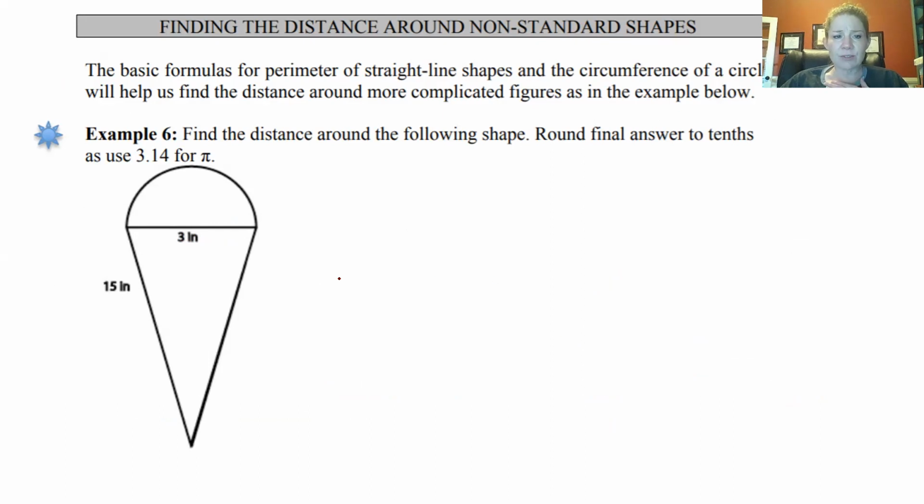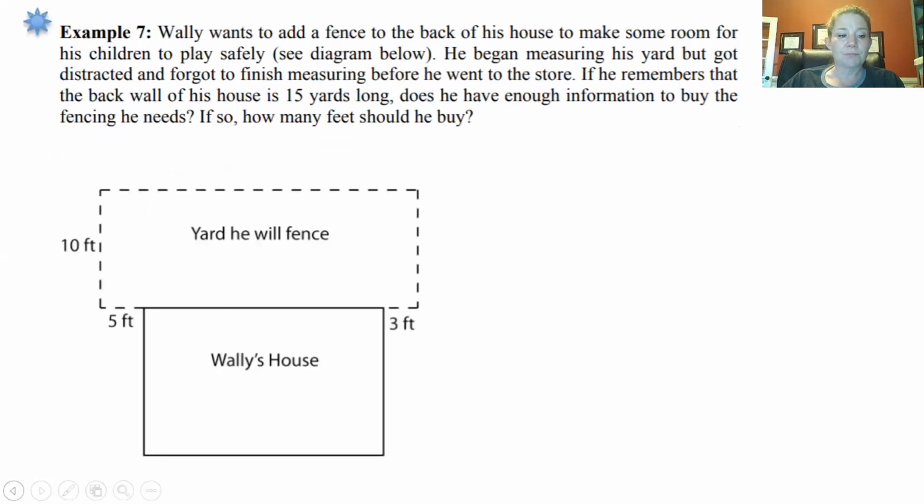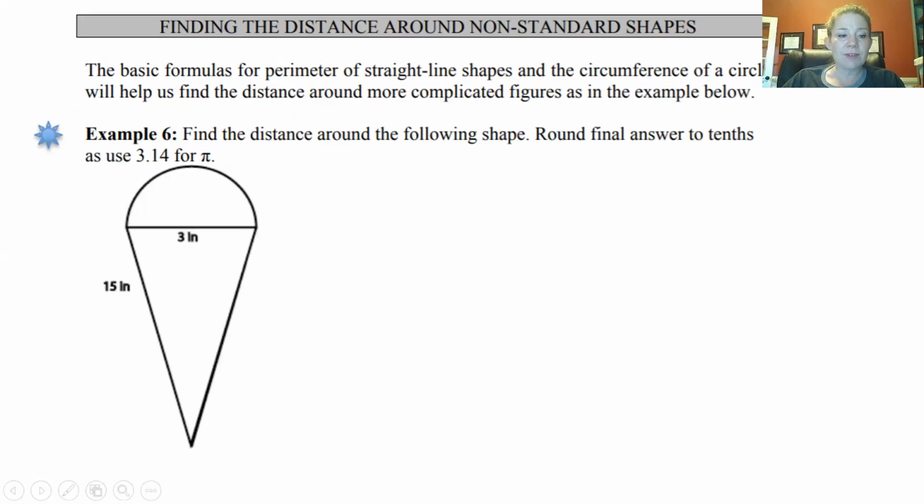Now the reason it's telling us about pi is because this top of our ice cream cone is half a circle, right? Half a circle. So the distance around a circle, of course, is found by finding the circumference. Circumference, I think I turned my pen off.